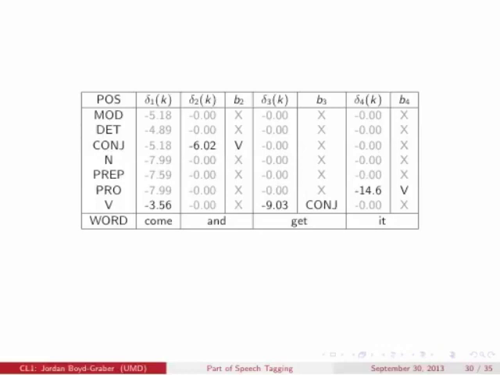In this case, the highest probability subsequence ends in a pronoun. And then we follow the breadcrumbs back in reverse order, which gives us verb, conjunction, verb. And then we put it all together and get that the best part of speech sequence for the sentence "come and get it" is verb, conjunction, verb, pronoun.